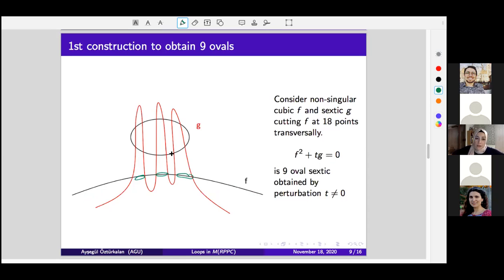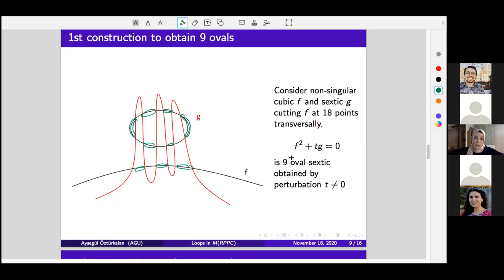Again, it will be 9 ovals. Here you have something like that, and again, it will be 9 ovals. So by this perturbation, we get 9 ovals.